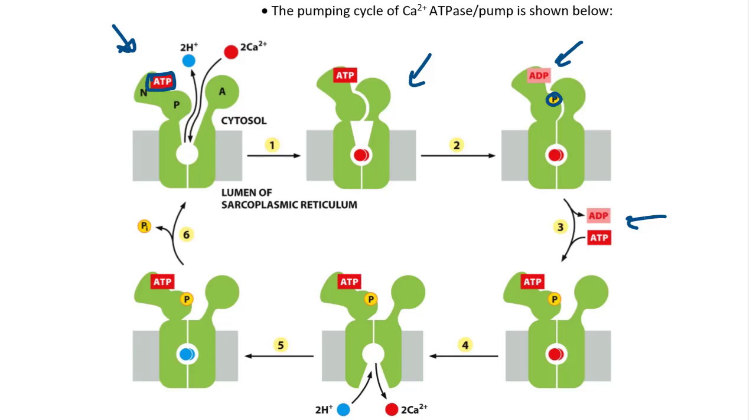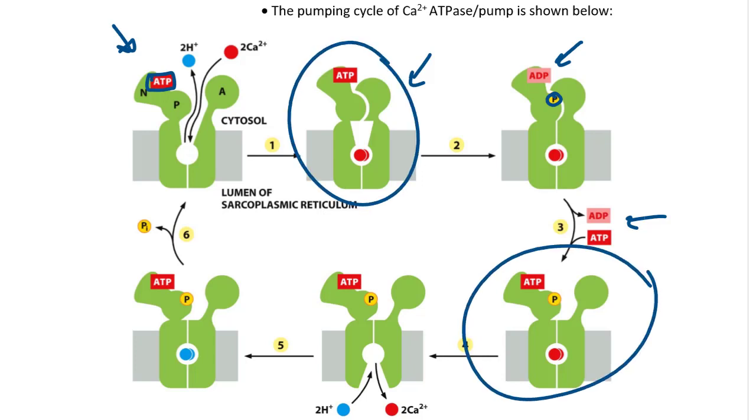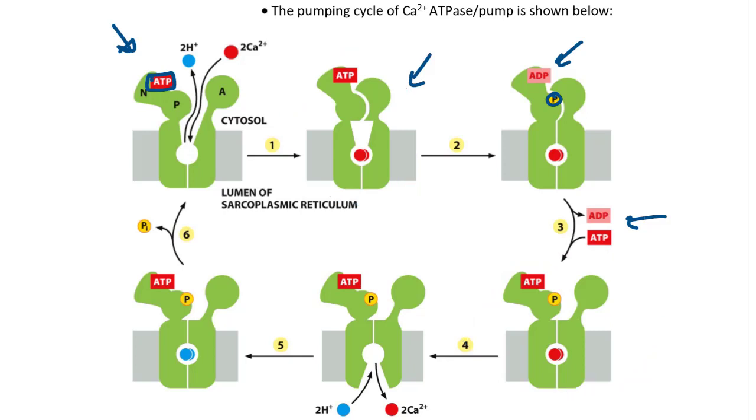Okay, so here now you have ATP bound, but what's the difference between this and this is that ATP is bound in both, but over here, the protein is phosphorylated. So now this leads to the opening to the other side and the release of calcium. And until calcium is released and two H pluses go in to occupy the binding pocket, you cannot go to this step.